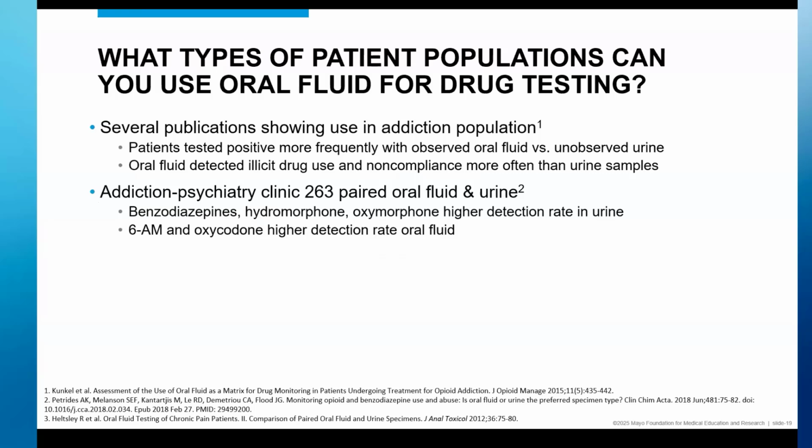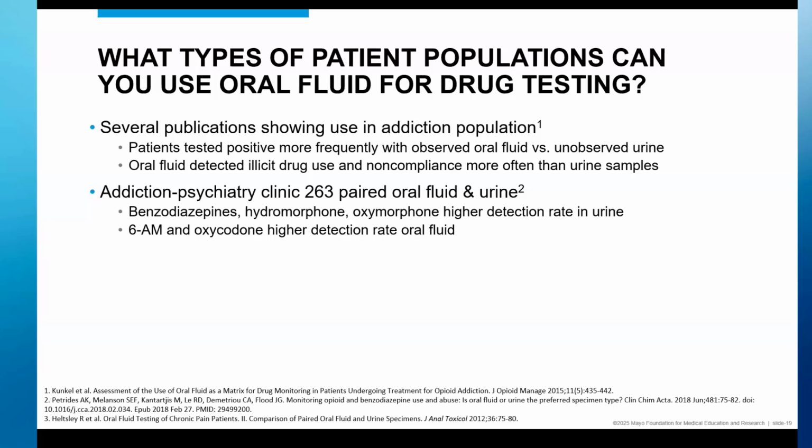So what types of patient populations would you actually consider using oral fluid testing for? There have been a number of different publications by Kunkel and others that show this is especially useful in addiction populations. They found that in their study, patients tested positive more frequently when they did that witnessed oral fluid test than when sending them to do an unobserved urine test.